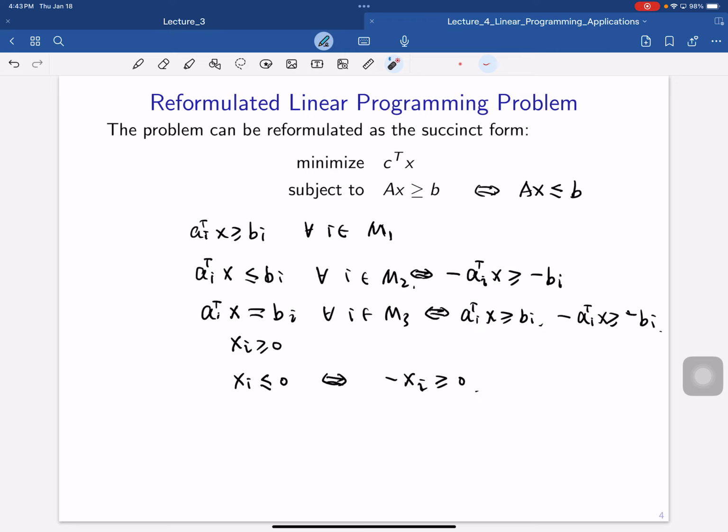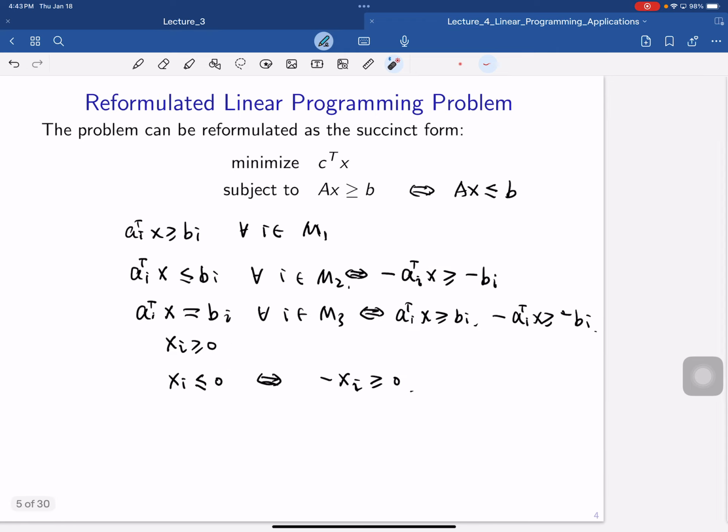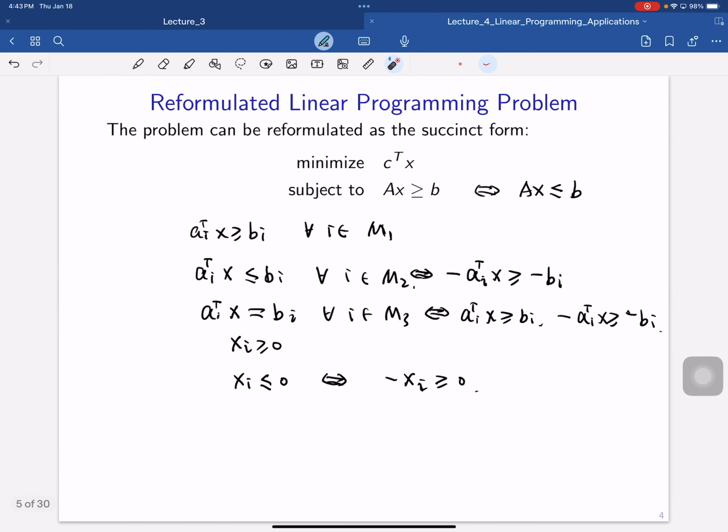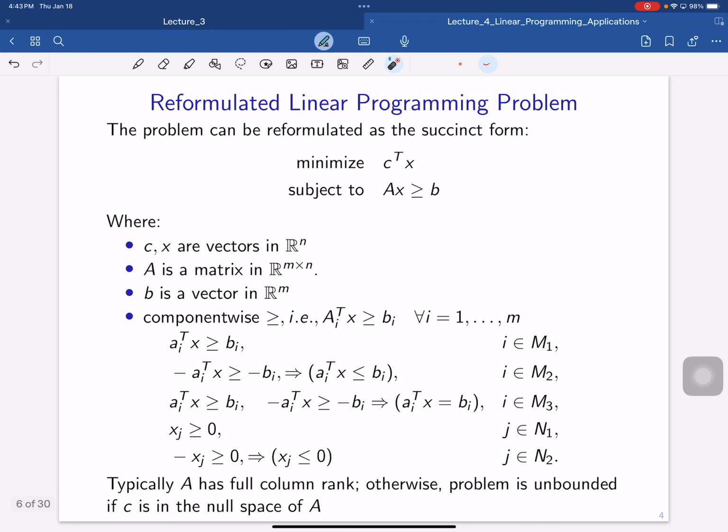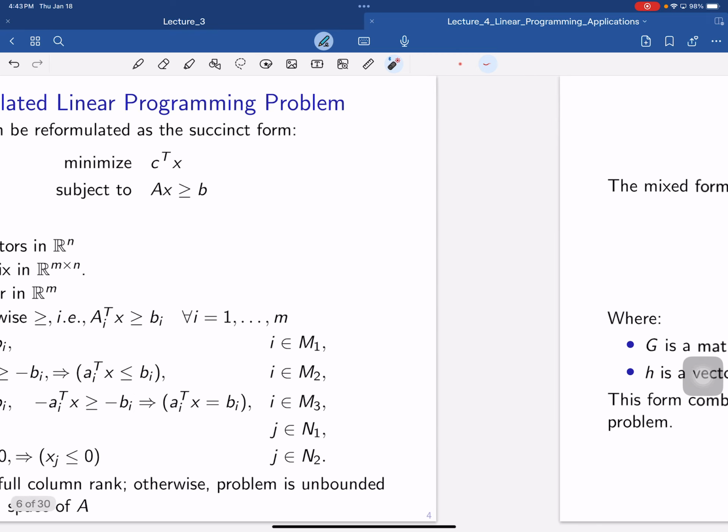Yeah. And you might see different forms of linear programming problems. This is one of the forms. Here is just a rewrite of what I just covered.